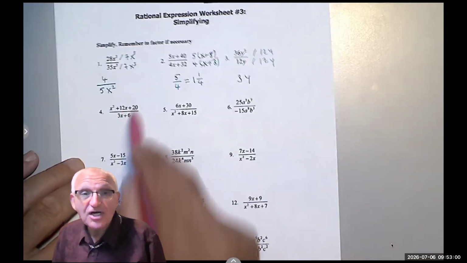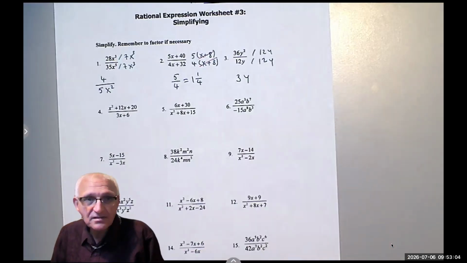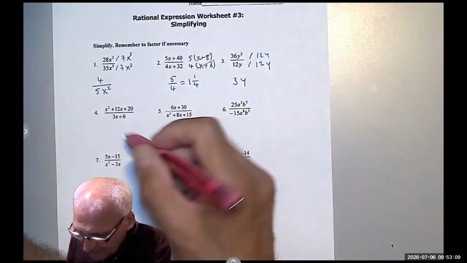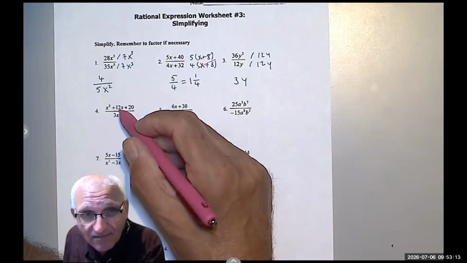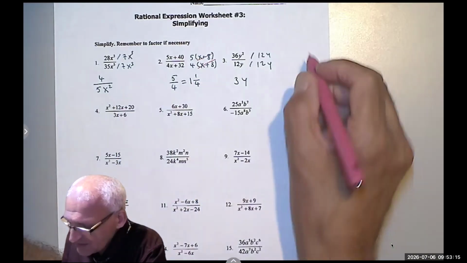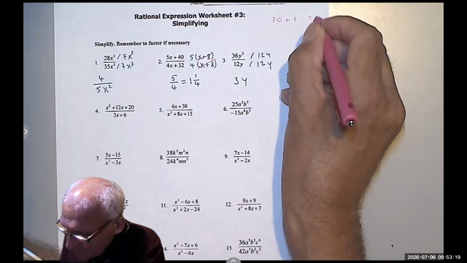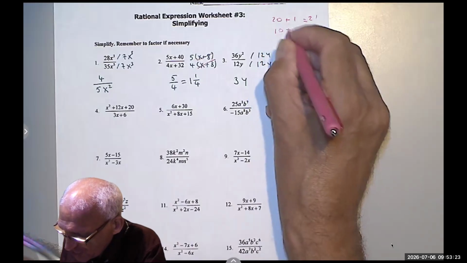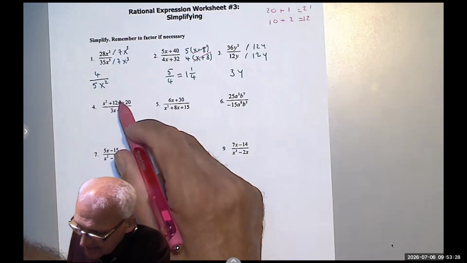Now, let's move to the second row. Oh, that's a trinomial. A trinomial may be factored. So I look at that and see, do I have two numbers that when I multiply, I get 20, and when I add, I get 12? Remember what we did before? We said 20 can be 20 and 1, but they add up to 21. 20 is divisible by 2. So if I make it 10 and 2, they add up to 12. Yes, I have that.